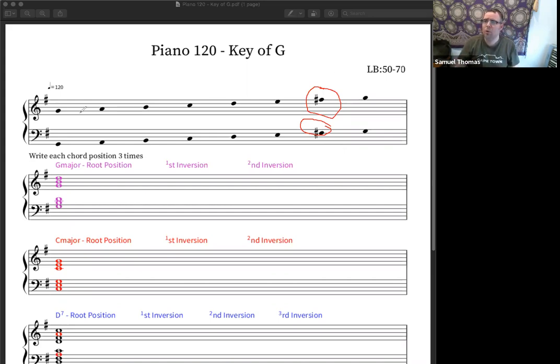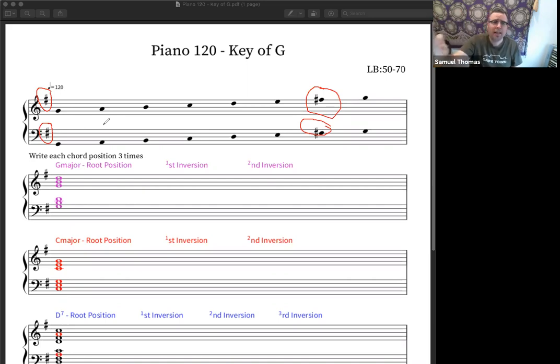Now, I want to show you that back here at the beginning, we also have a sharp symbol. Okay? This sharp symbol at the beginning of the line represents a key signature. It's like a signature, right?